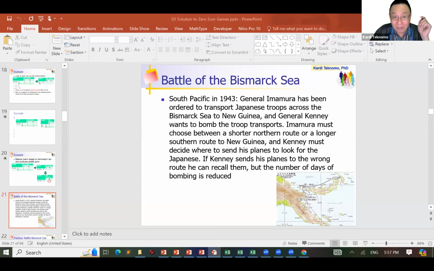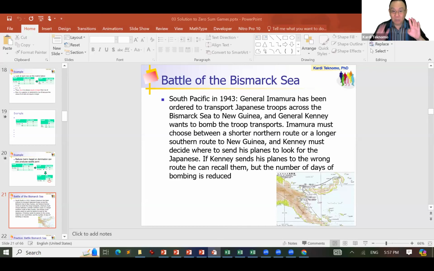In 1943, General Imamura wanted to transport Japanese troops across the Bismarck Sea to New Guinea, and General Kenney from the US wanted to bomb that troop transport.